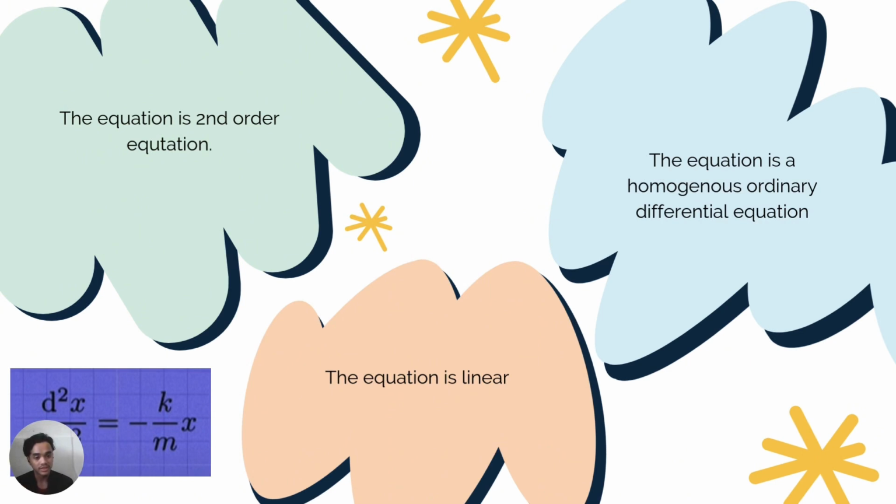It is also homogeneous because everything we put on one side will be equal to 0. And next, the equation is linear, where there is no variable being raised to the power of something.